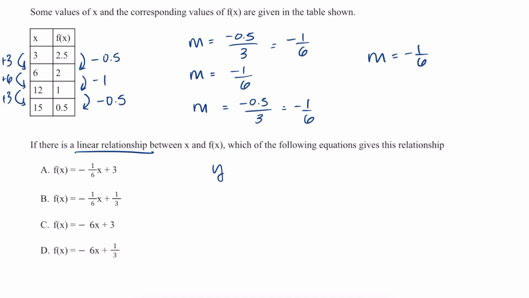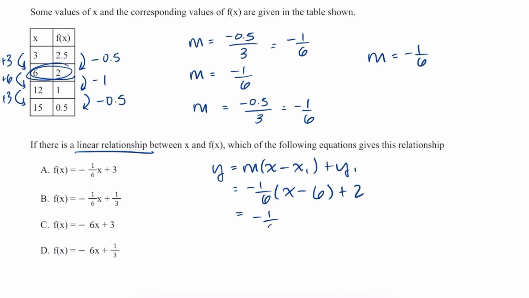So now we have our m, and we can put it into our point slope form. y equals m times x minus x1 plus y1. y equals negative 1/6 times x minus, and we can choose a random point, x minus 6 plus 2.